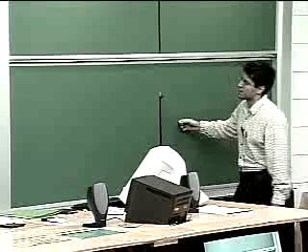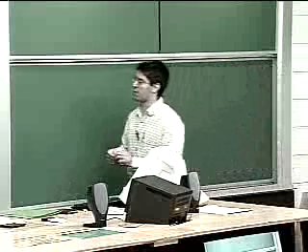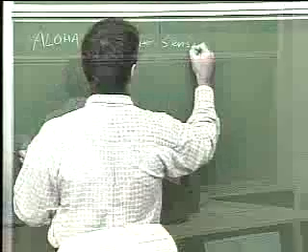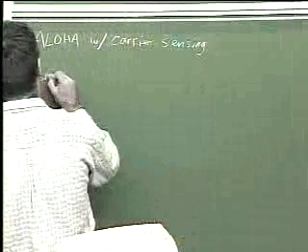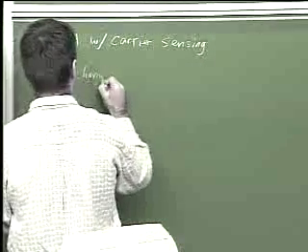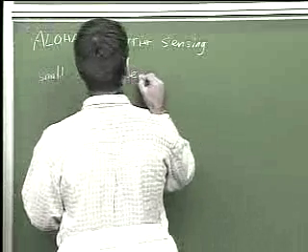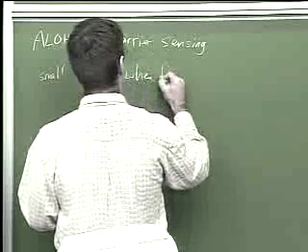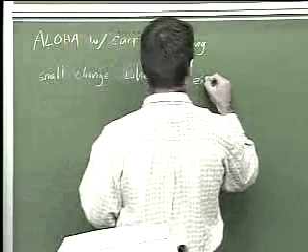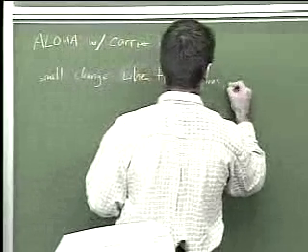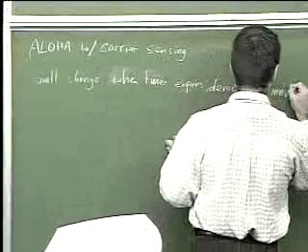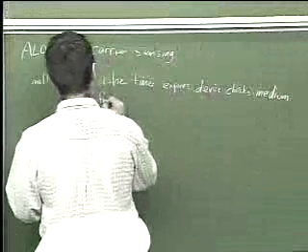Okay. Let's look at a version now where we make a small modification: Aloha with carrier sensing. Meaning a small change to the protocol. What that change is, before transmitting, let's say it this way. When the timer expires, the device checks the medium for an ongoing transmission.